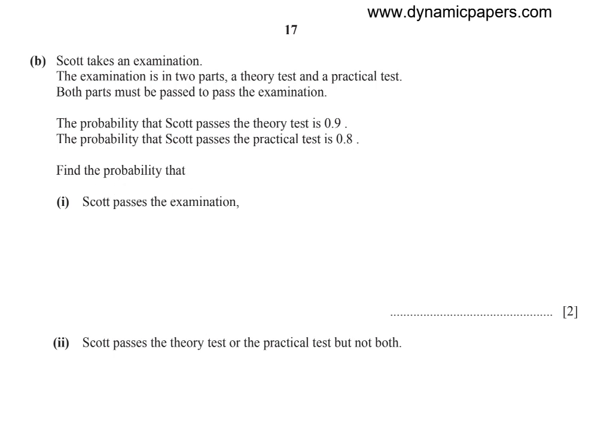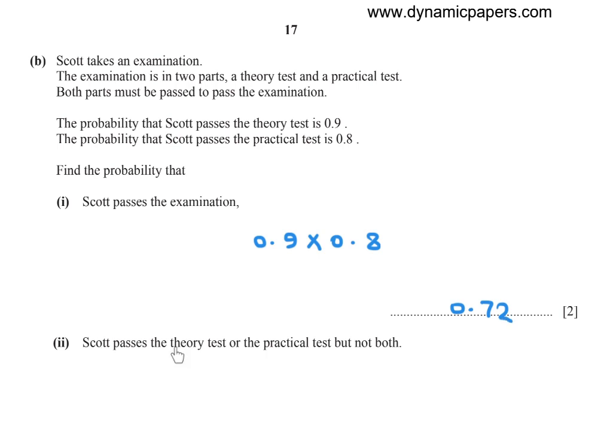Find the probability that Scott passes the examination. So to pass the examination, he should pass the theory test and the practical test. So 0.9 multiplied by 0.8, so 0.72.